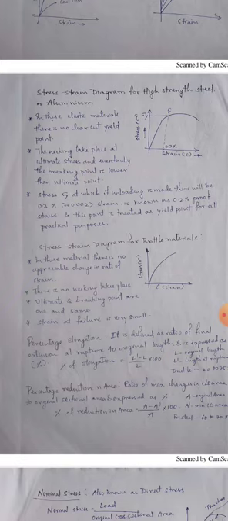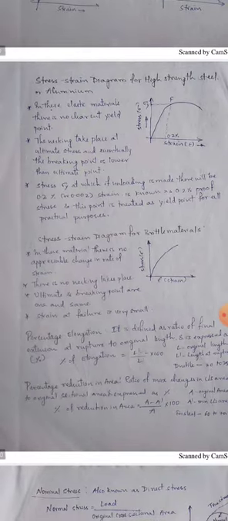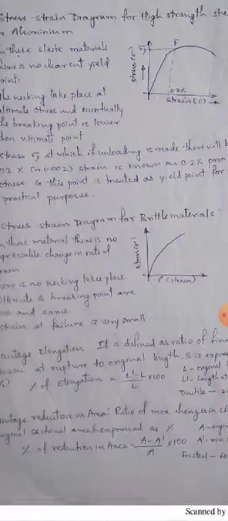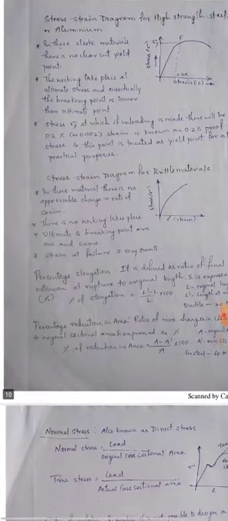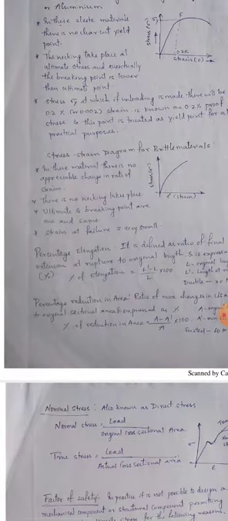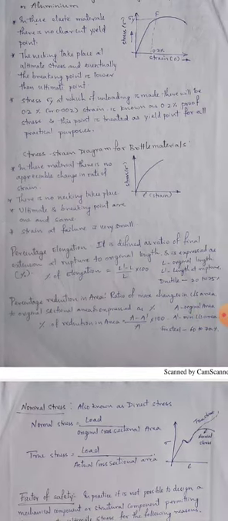If you consider brittle material, especially concrete, the stress strain diagram will be a curve type, that is, a half curve type. And there is a terminology, percentage elongation. It is L dash minus L divided by L into 100, where L dash is the length at rupture, or length at failure, and L is the original length. For a ductile material, the percentage elongation must be 20 to 25.